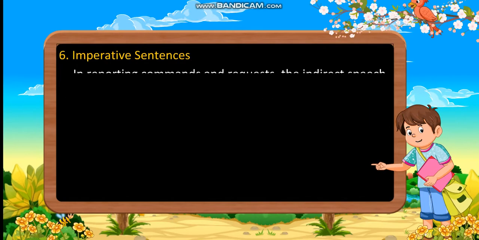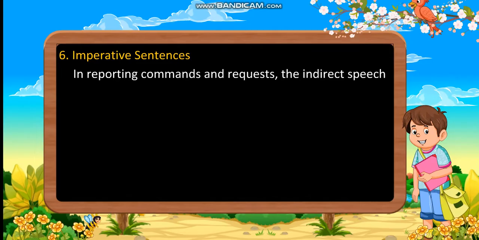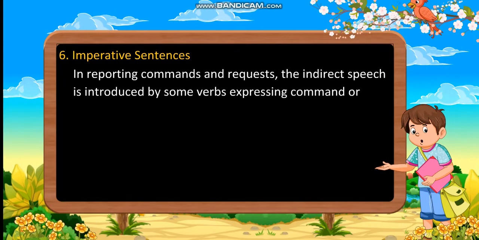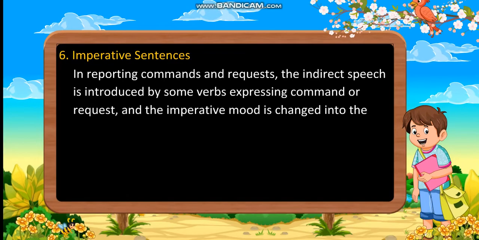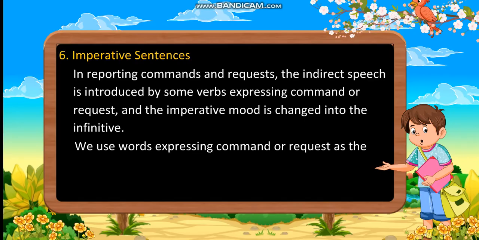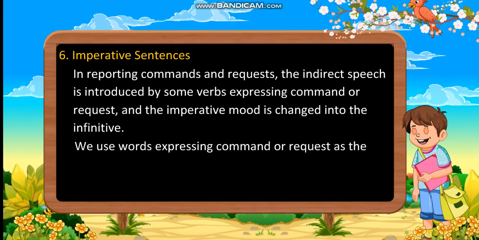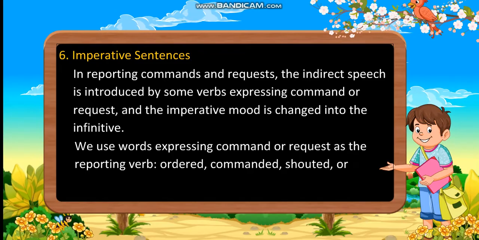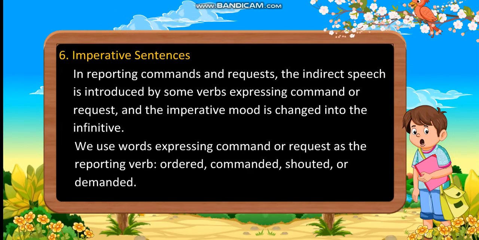Sixth, imperative sentences. In reporting commands and requests, the indirect speech is introduced by some verbs expressing command or request, and the imperative mood is changed into the infinitive. We use words expressing command or request as the reporting verb: ordered, commanded, shouted, or demanded.